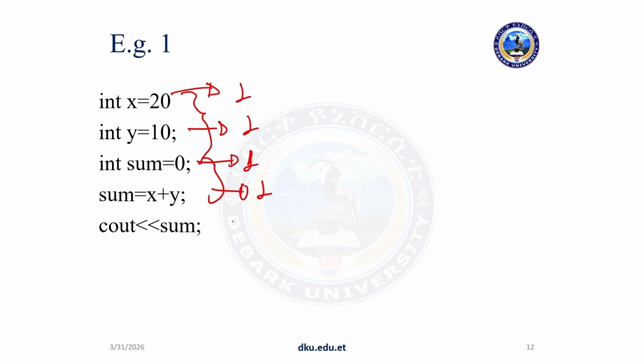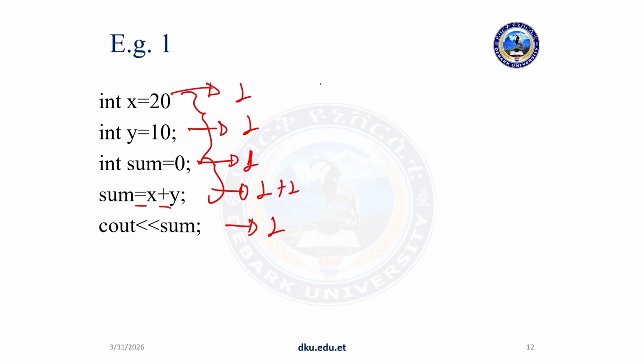And this is an input output operation, so it will take 1 unit of time. But here we have an assignment operation and also an addition operation, right? So we have to give 1 unit of time for each operation, so 1 plus 1, right?